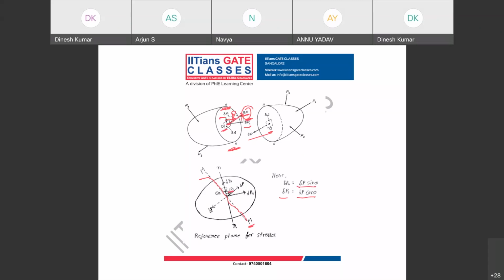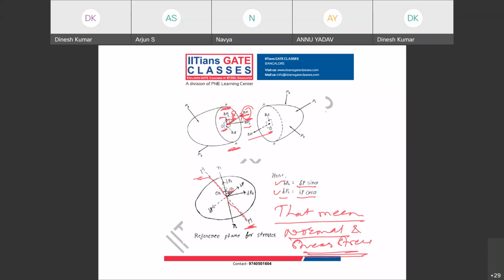Now, guys, if you change theta, this normal and shearing force will change. If your normal and shearing force change, that means your normal and shear stress will change. So if you change your reference plane, your stresses will change.